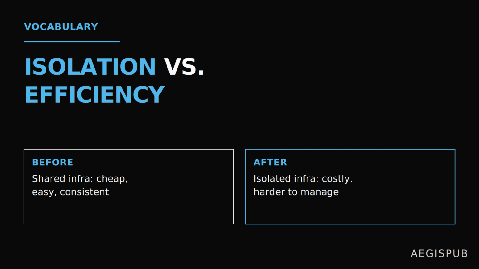The tension that this principle creates is real, and it is present in every practical implementation. Isolation costs money. Shared infrastructure is cheaper to build, cheaper to operate, cheaper to maintain, and easier to manage from a configuration consistency standpoint. A database server shared by 20 applications is more cost-efficient than 20 dedicated database servers.